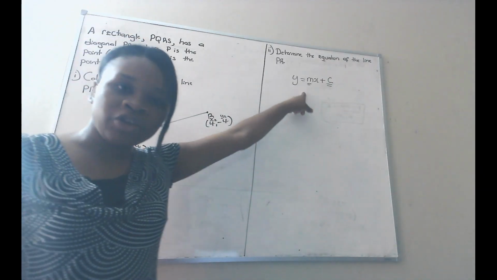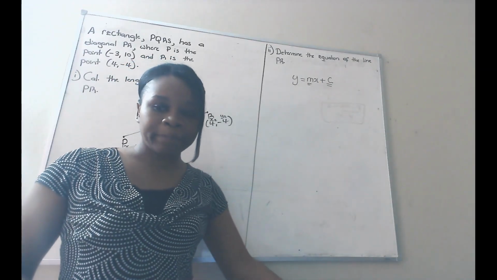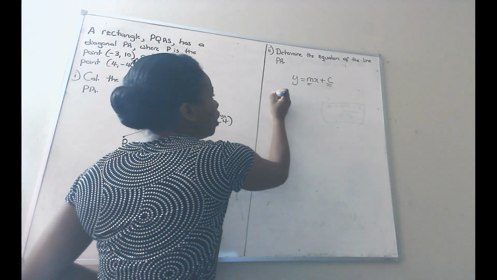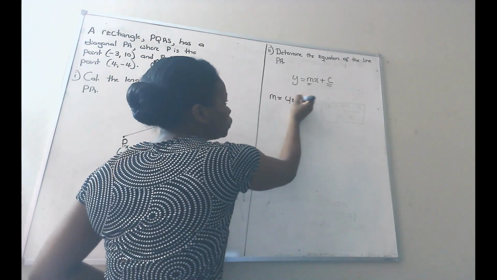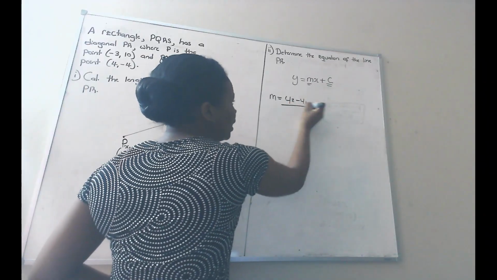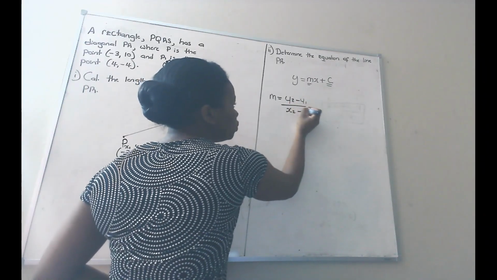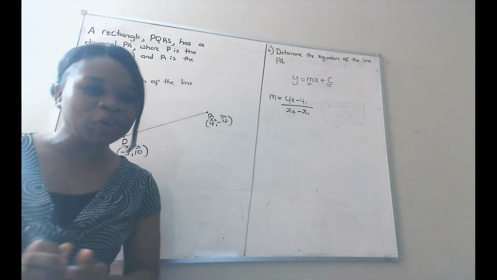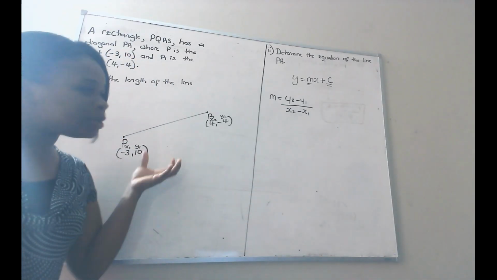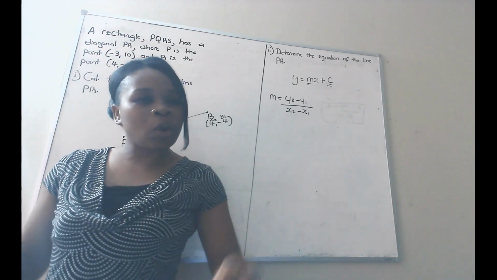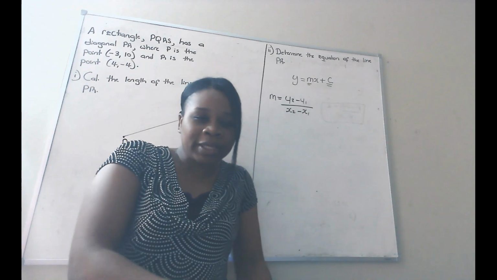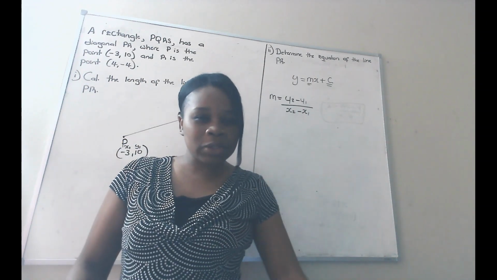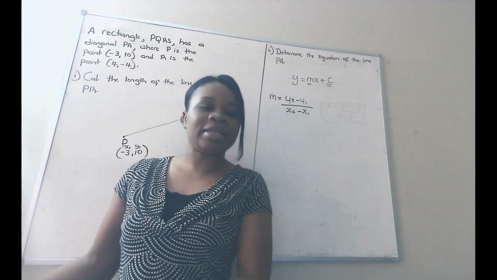To find the gradient, which is m, we use the formula m is equal to y2 minus y1 divided by x2 minus x1. You notice that it's always good to label the coordinates. We can just plug in the values into the formula and it's easier.